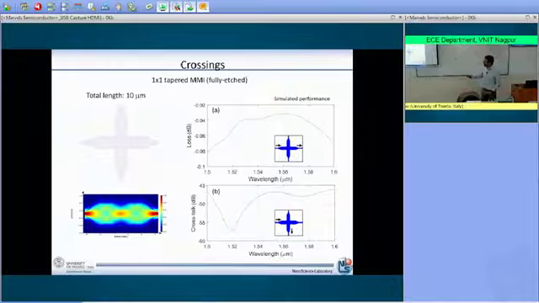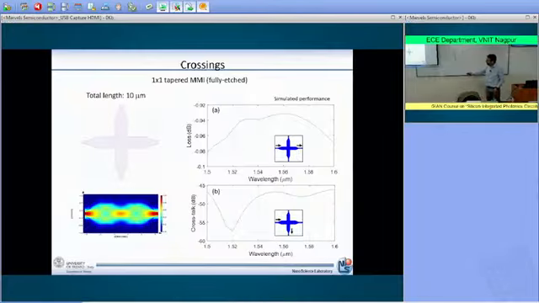The idea is to carefully design the free propagation region in such a way that in the crossing you get the image of the input port reproduced at the cross point as well as in the output port. You have a free propagation of the light, like having a lens in between. And so the light is collected and then focused, then expanding and then refocused.